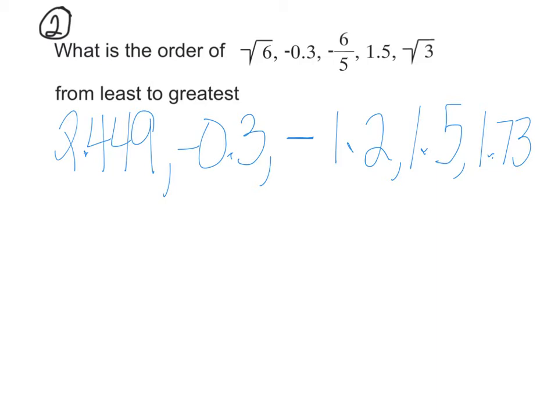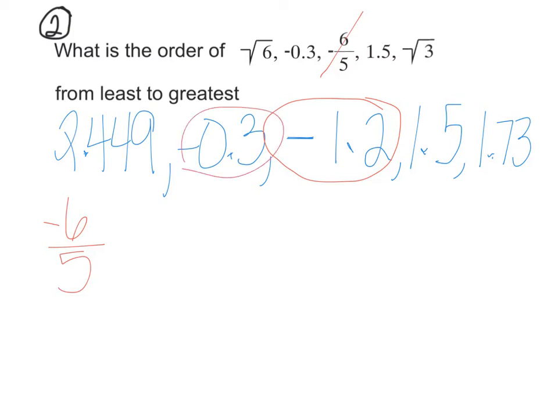Now we changed them all to decimals, but you need to make sure your answer is in the form of the original question. So my smallest number is going to be negative 1.2, which is the negative 6/5. I'm going to cross it out so I know I used it. My next smallest number is the other negative, and that's in the same form.